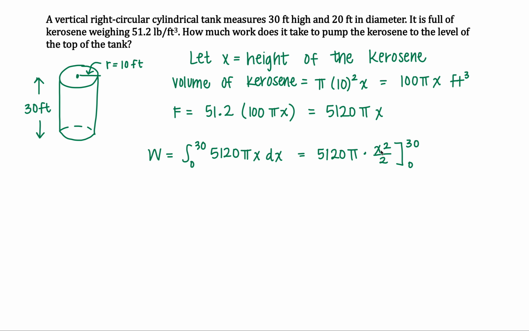When x is 30, 30 squared is 900. So we have 900 over 2. And then when x is 0, it's just going to be 0 over 2. So we're taking our 5,120 pi times 450, 900 divided by 2.